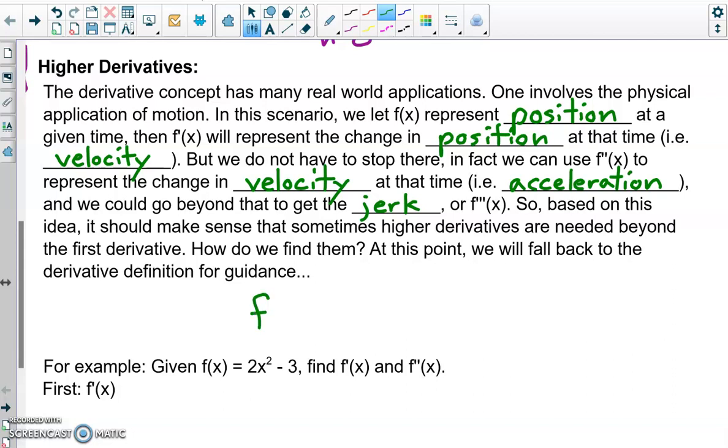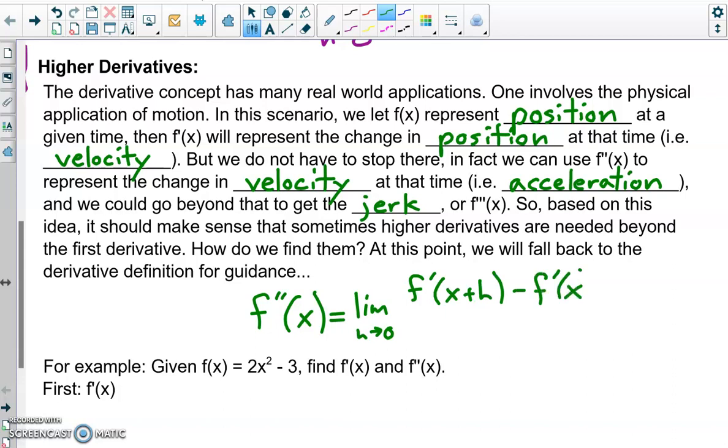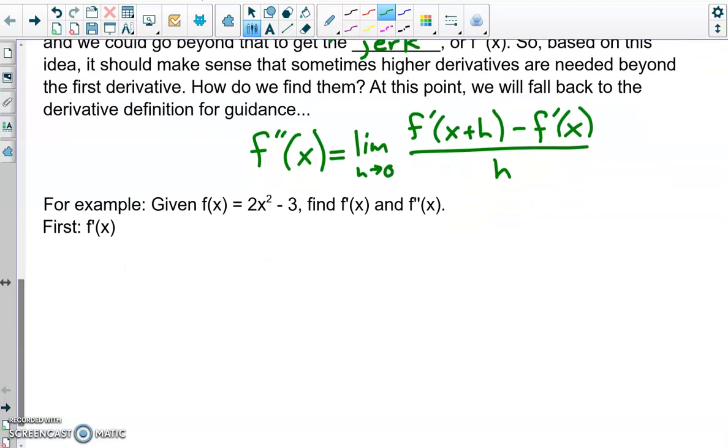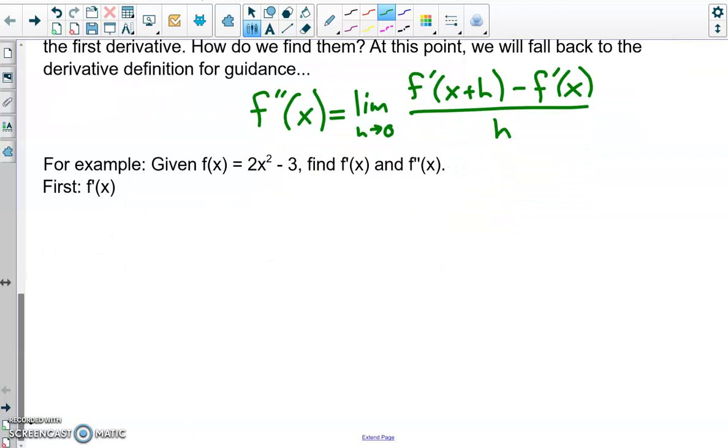So if I want to find f double prime of x, I'm going to take the limit as h goes to 0 of f prime of x plus h minus f prime of x all over h. So to get to the second derivative, you basically start at the first and then use it. So let's see how that works in an example. We got the f of x equaling 2x squared minus 3.